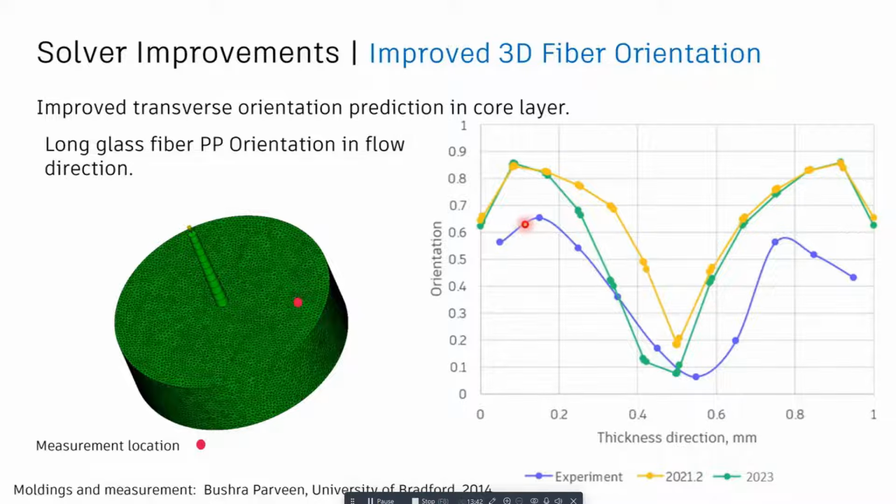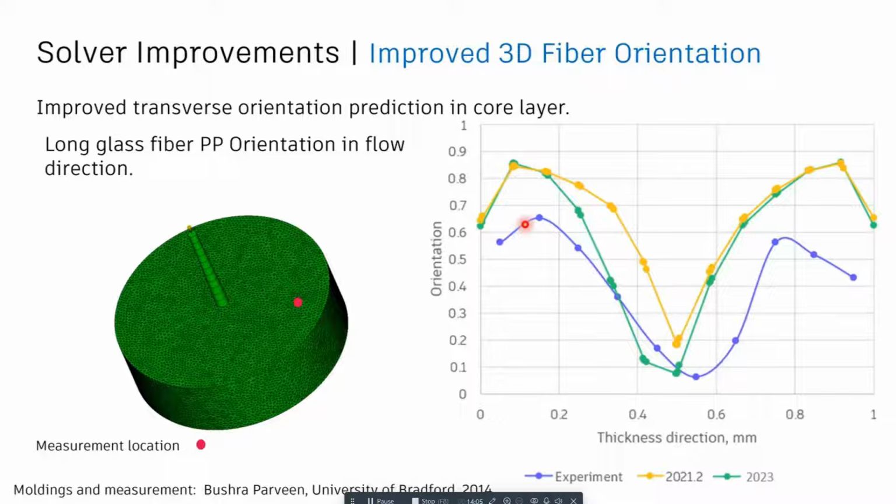Improved 3D fiber orientation, improved transverse orientation prediction in the core layer, and long glass fiber PP orientation in the flow direction, and then of course the measurement location. You can see now the X and Y axes: you have the orientation on the Y axis, and the thickness direction in millimeters.